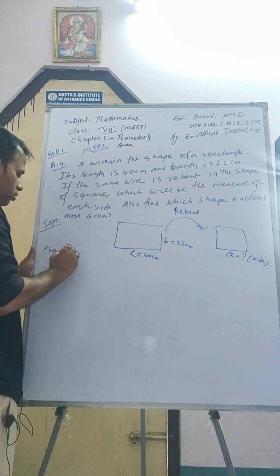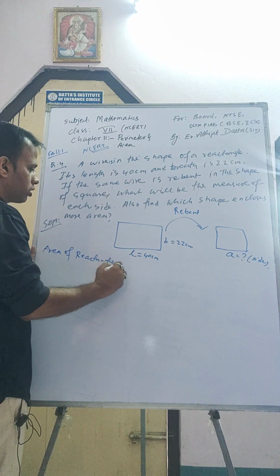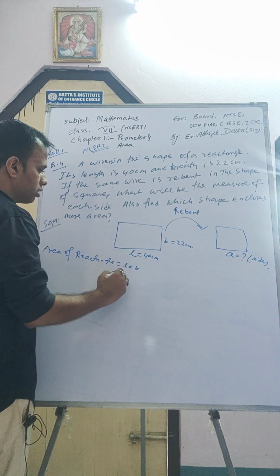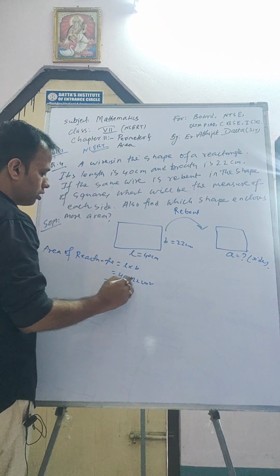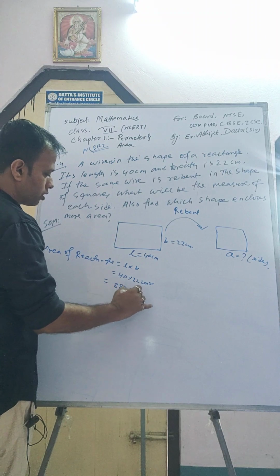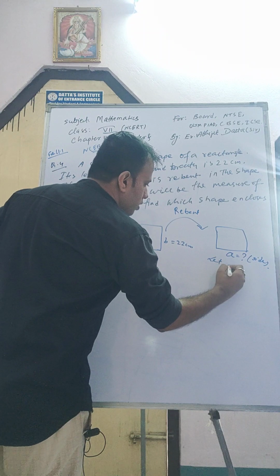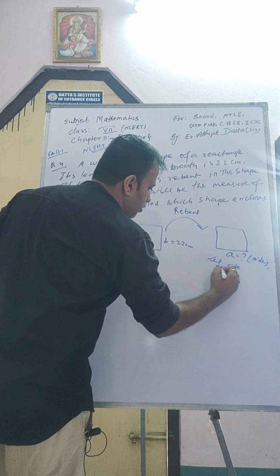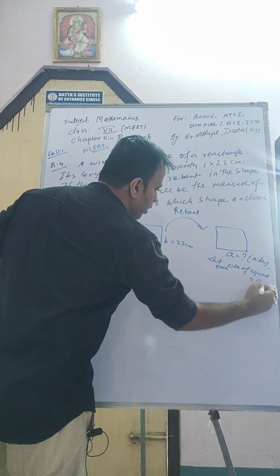Here, the area of the rectangle is length into breadth, that is 40 into 22 centimeter square, so it will become 880 centimeter square. Now let each side of the square be a centimeter.